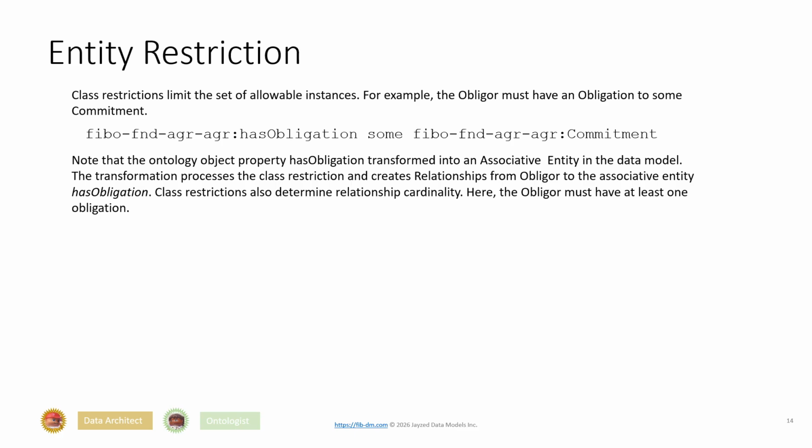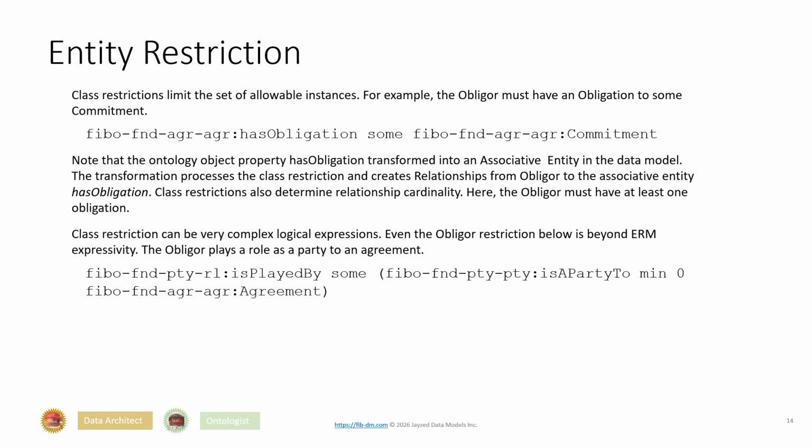So here, some means that the obligor must have at least one obligation. And class restrictions can be very complex. So even the obligor restriction below is beyond entity relationship model expressivity. The obligor plays a role as a party to some agreement.